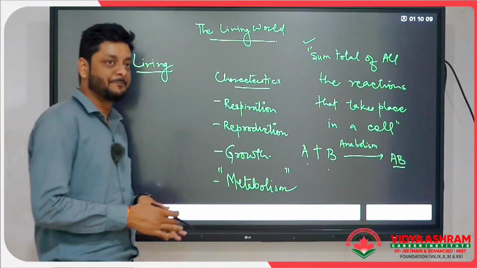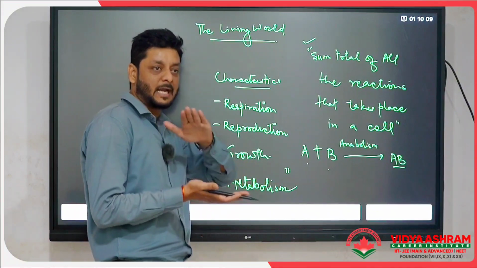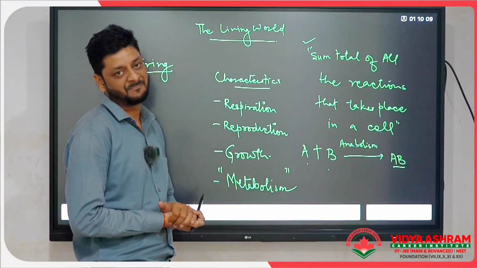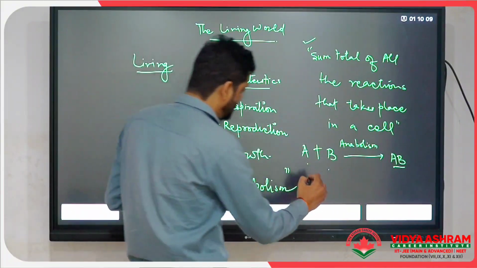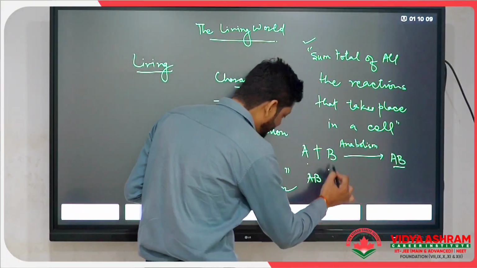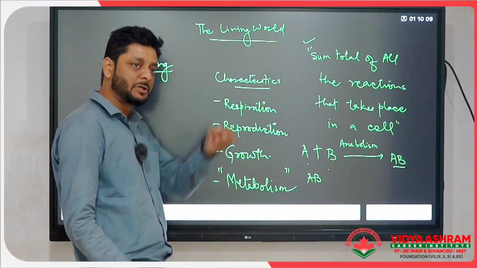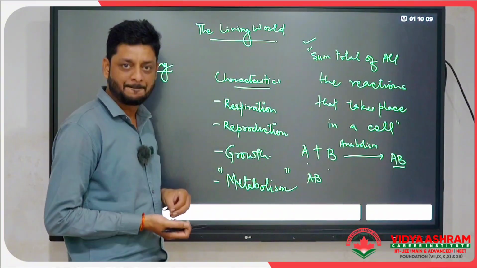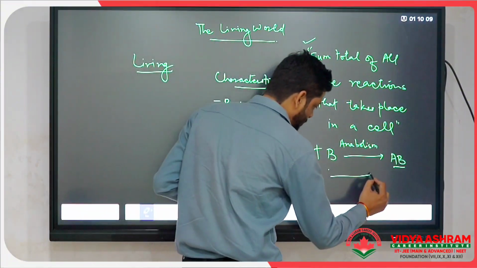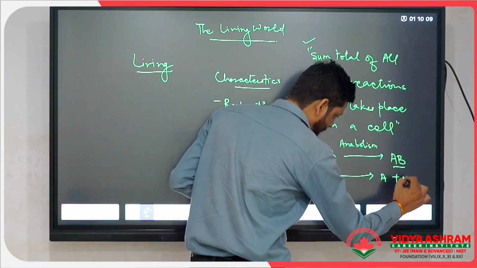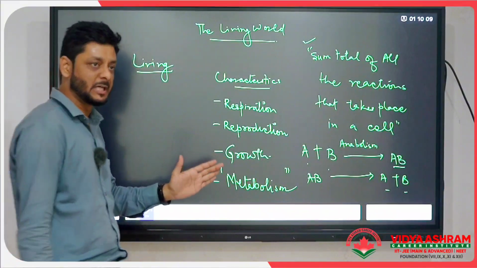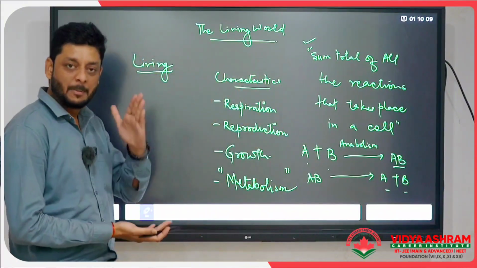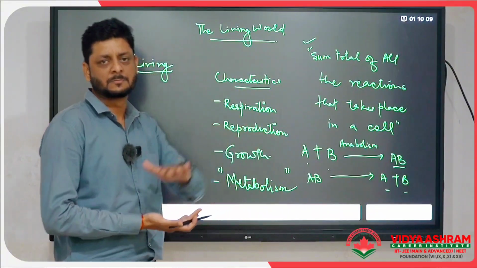But simultaneously, whenever an anabolic reaction takes place within our cell, a catabolic reaction also takes place within the cell. Like AB, a bigger molecule which you take in within your body, must be broken down into smaller molecules such as A and B. This particular reaction is a process by which certain molecules are broken down.